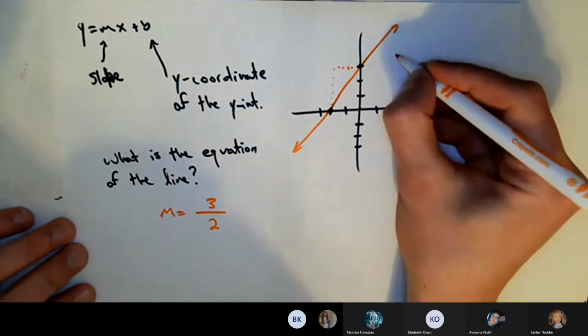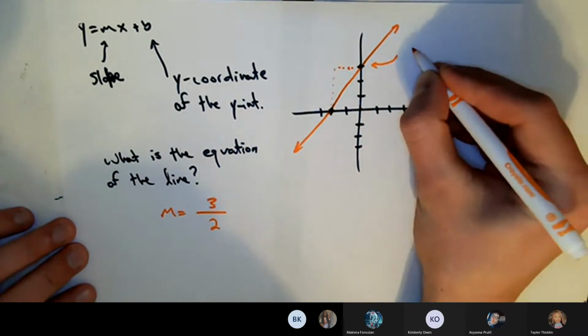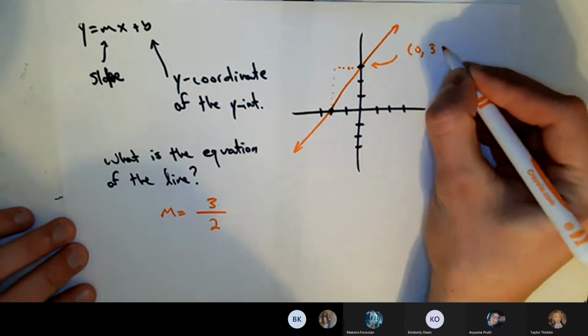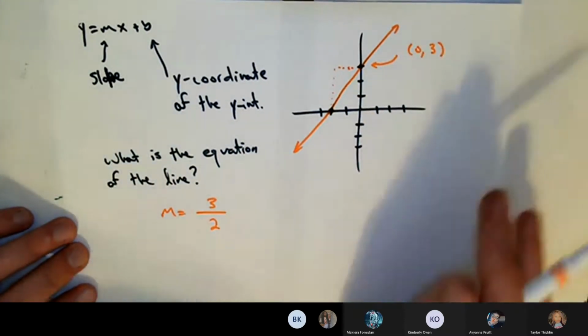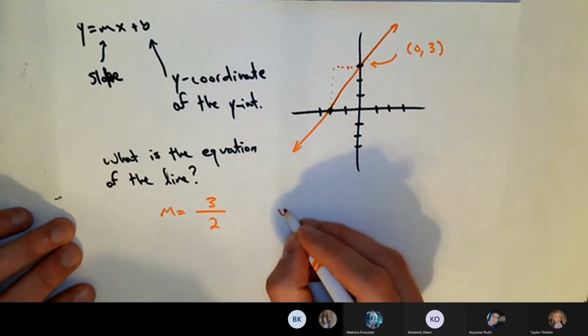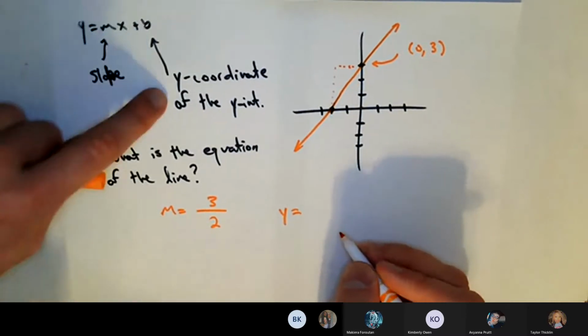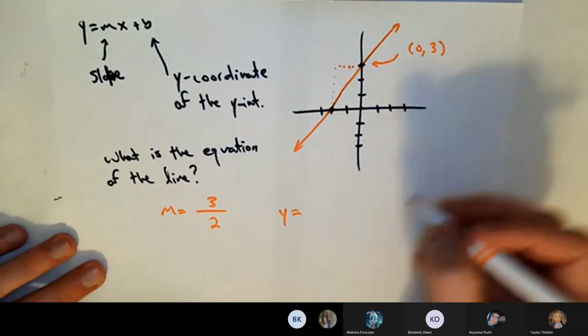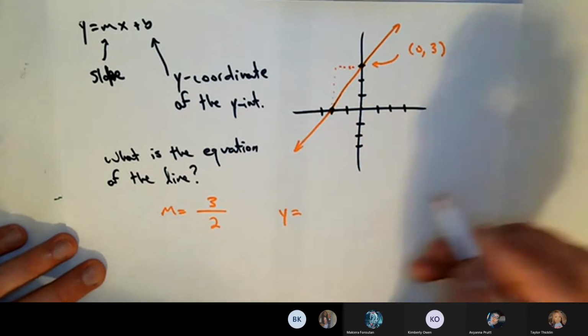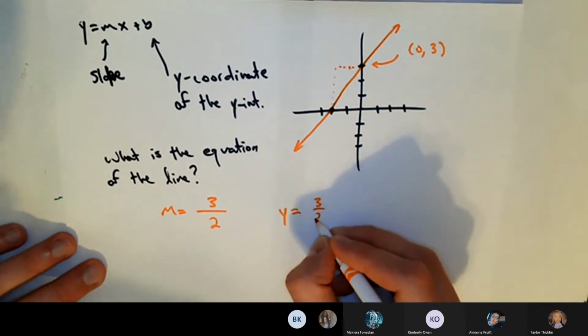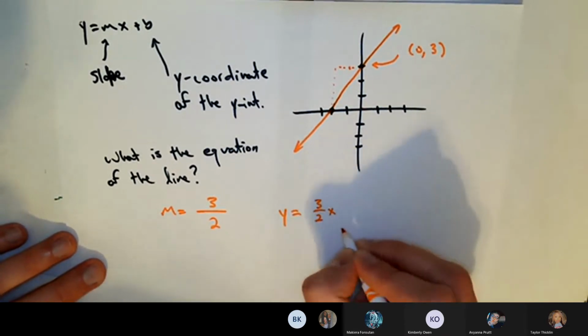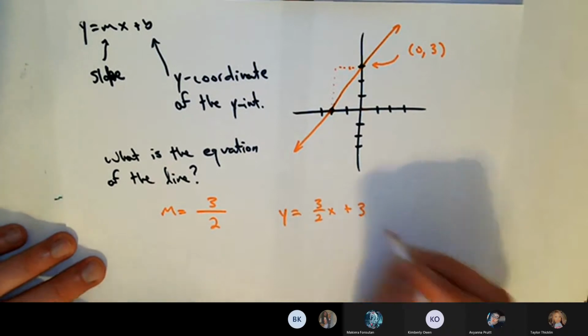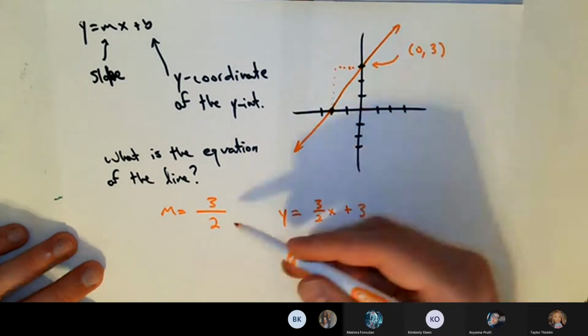And by the way, what's the y-intercept of this line? It's (0, 3). The b value in my equation, that letter b, is the y-coordinate of the y-intercept. So in other words, it's the 3. So my equation here is 3 halves x plus 3. That describes this line here.